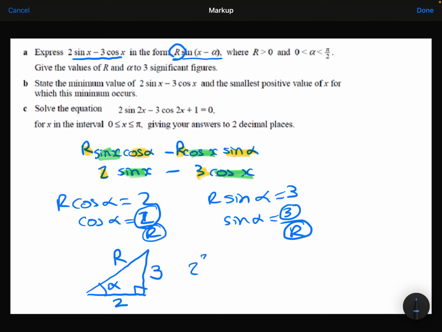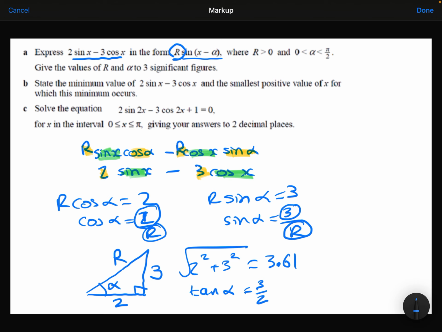Now I can do a little bit of Pythagoras to work out r, which to 3 significant figures I get 3.61.